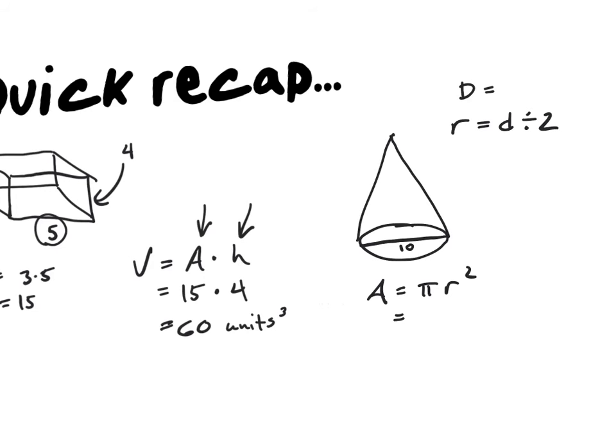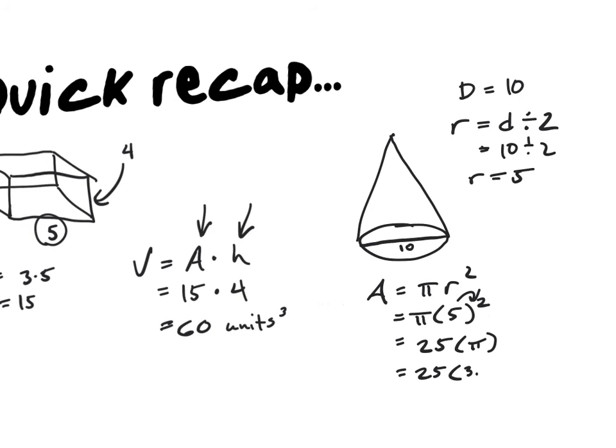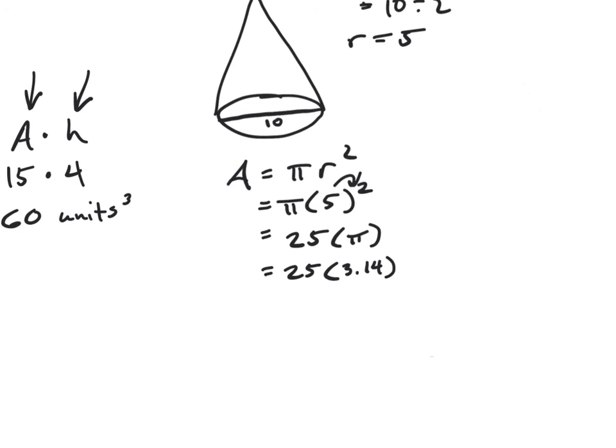If diameter is equal to 10, then 10 divided by 2 is equal to 5. That's my radius. So I can take the 5 and put it right there, and now I can multiply 5 to the second power, which is 5 times 5. I get 25 times pi, also known as 25 times 3.14. This will give me a total of 78.5, only if we were focusing on the area, right?